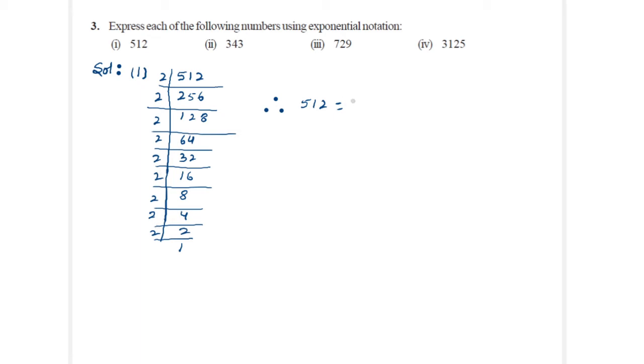Here 512 can be written as 2 into 2 into 2 into 2 into 2 into 2 into 2 into 2 into 2. That is, here 2 is multiplied 9 times. It can be written as 2 raised to power 9. This is your answer.